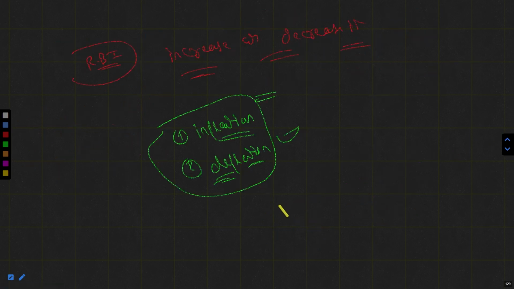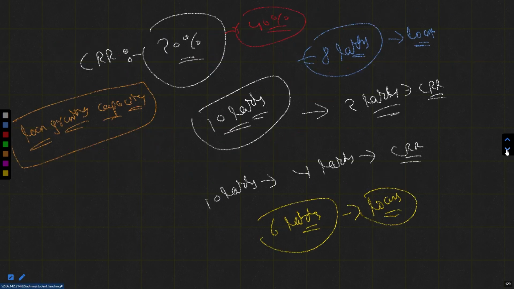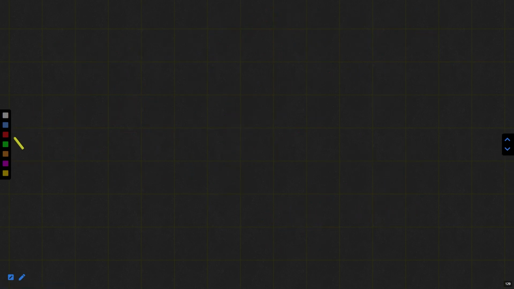Now come to the next point, which is deflation. How is deflation checked by the CRR?